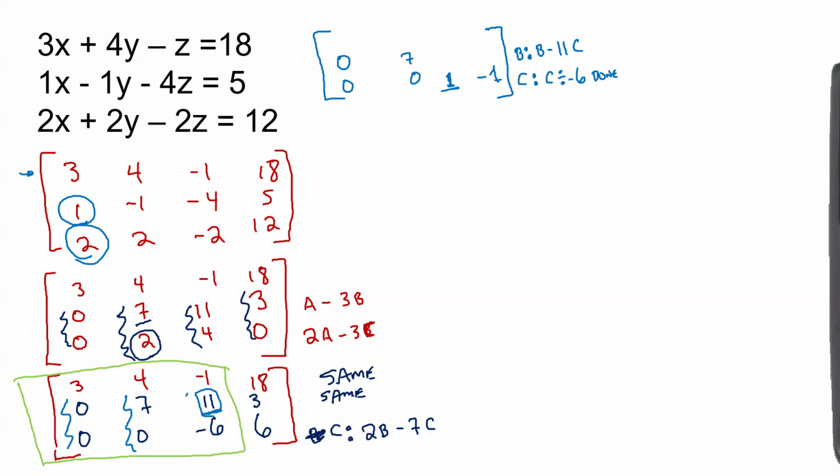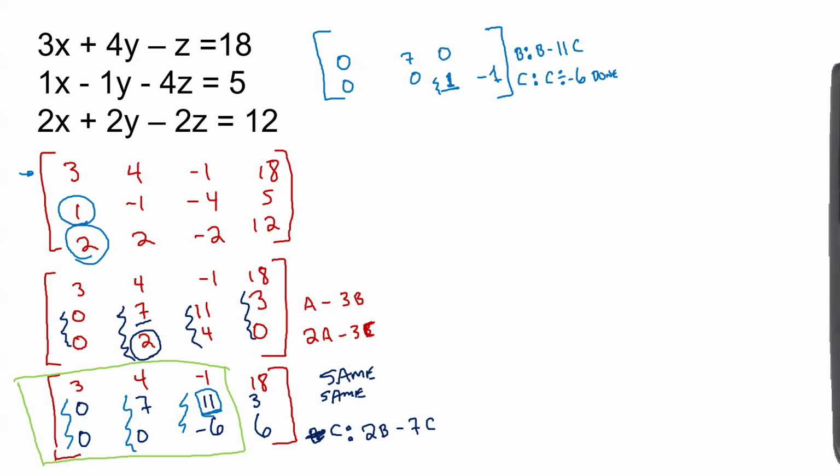I move on to this one. I've got 11 minus 11 times 1, and that's going to be a 0 right there.